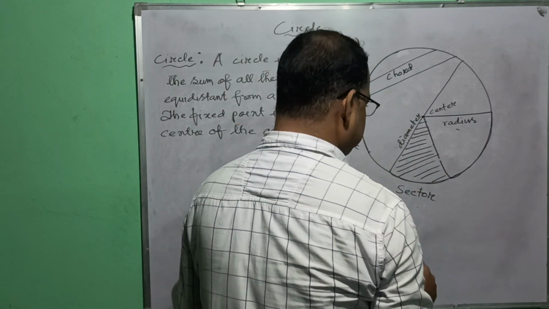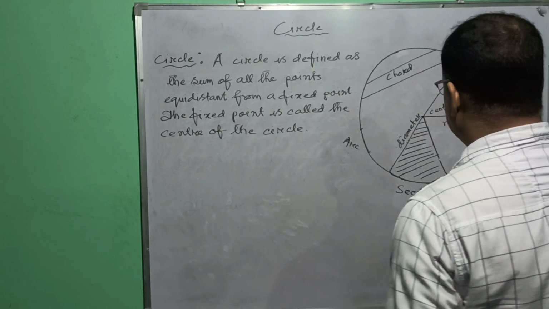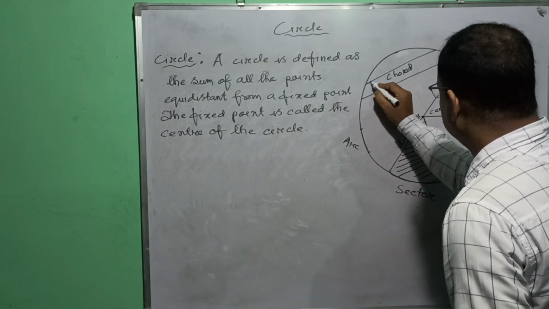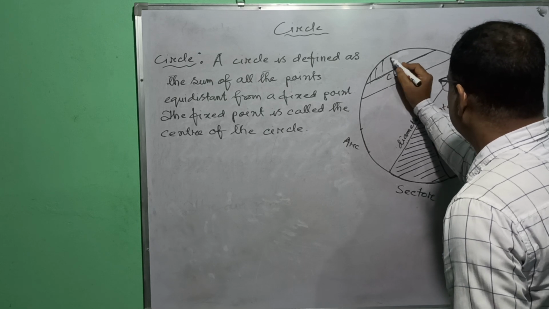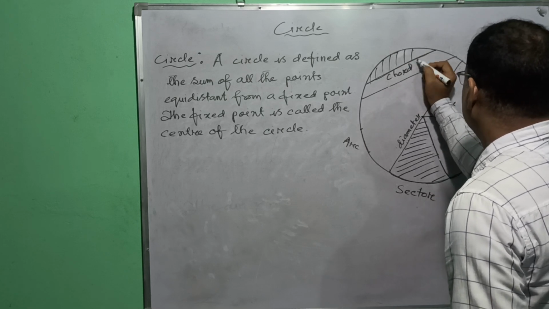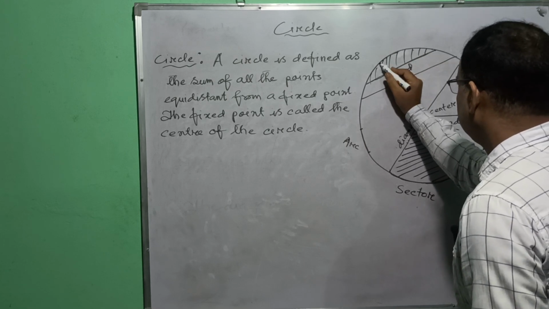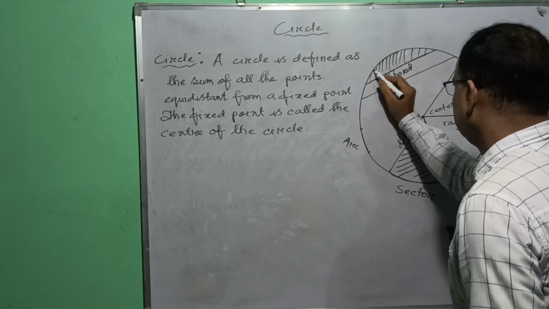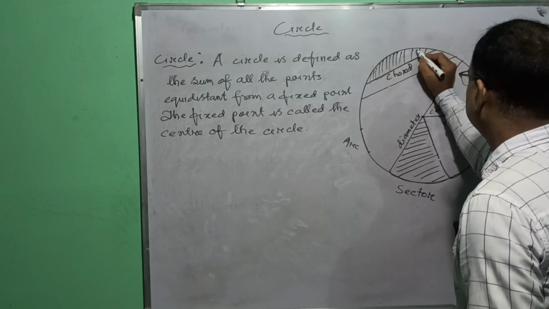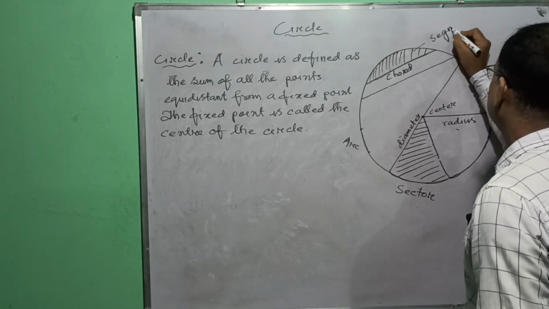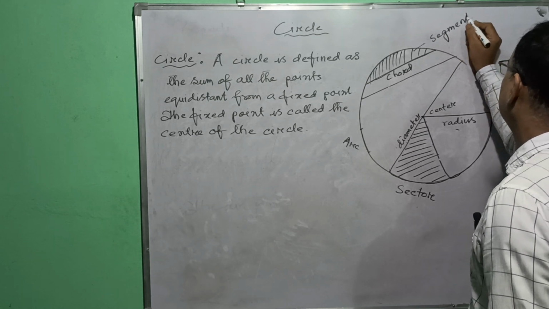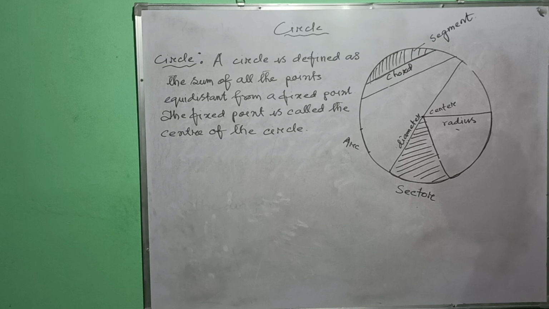Now we'll define another. Suppose this is a chord. Now here also another type of area we are getting. So this area is called segment. So we can write here segment. How can we define the segment?